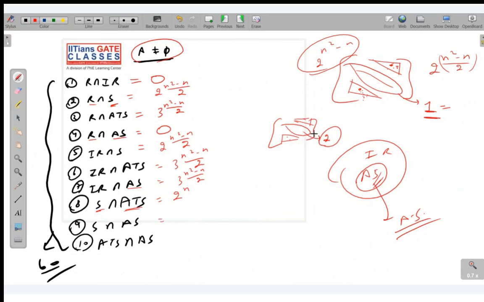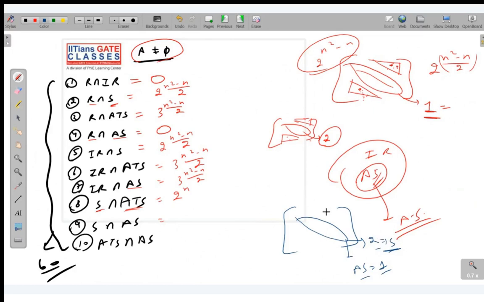Next is symmetric intersection asymmetric. This is very, very interesting. Let me write with another color. Symmetric is saying diagonal elements have 2 possibilities, but asymmetric is saying only one possibility. That means all should be absent. For symmetric it hardly matters, a self loop can be present or absent.